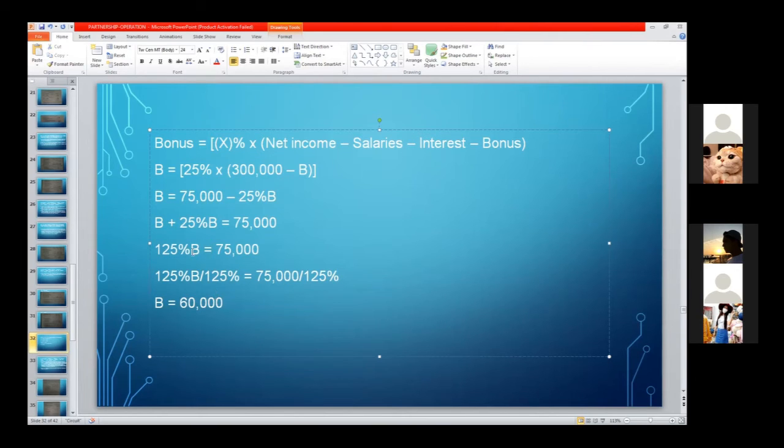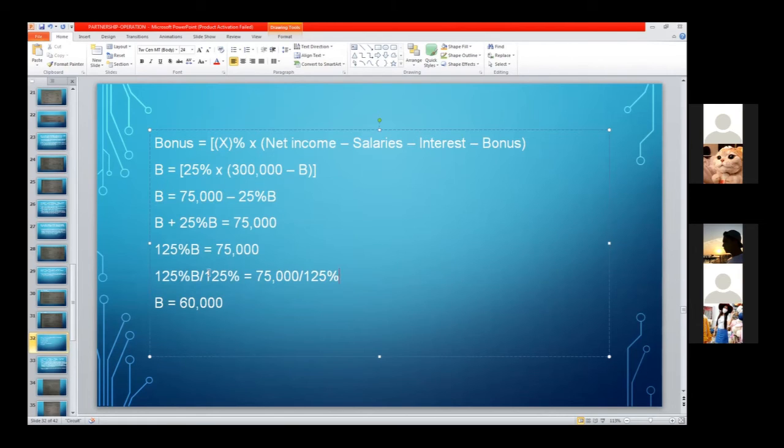Ngayon, para matanggal itong number niya dito, anong gagawin natin? I-divide natin para ma-cancel out sila. I-divide mo both sides ng 125%. So 125% B divided by 125%, and dito naman sa kabila, 75,000 divided by 125%.